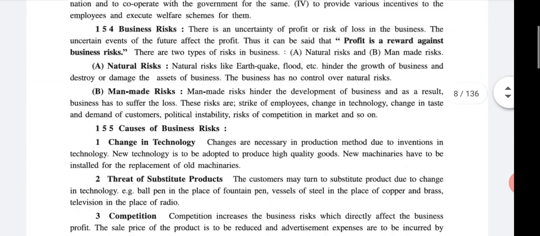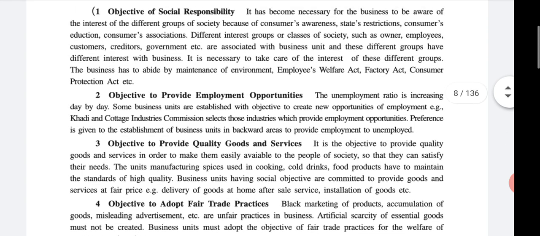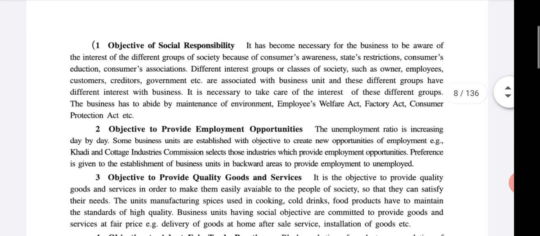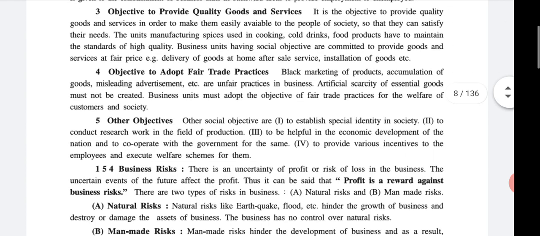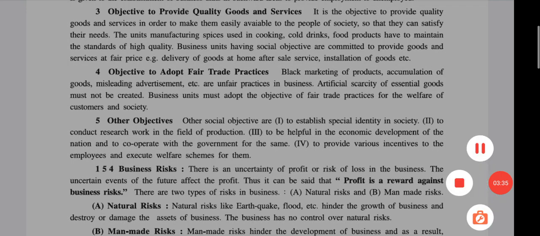A total of six, sorry, 5 objectives are included in social objectives, related to social responsibilities: provide employment opportunities, provide quality and good service, adopt fair trade practices, and other objectives.